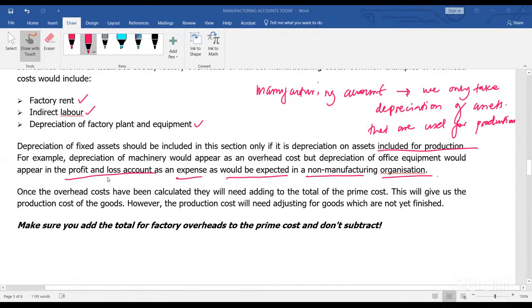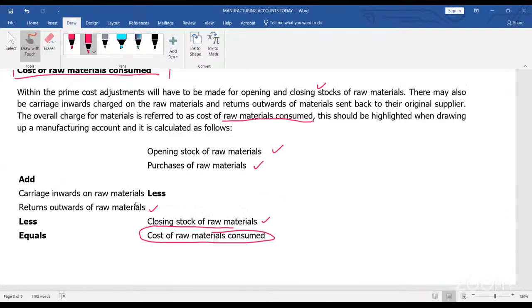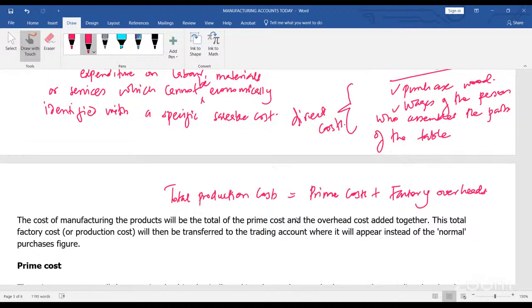Once the overhead costs have been calculated, they will need adding to the total of the prime cost, and this will give us the production cost of the goods. I told you somewhere already up here that the total production costs equal the prime cost plus the factory overheads.